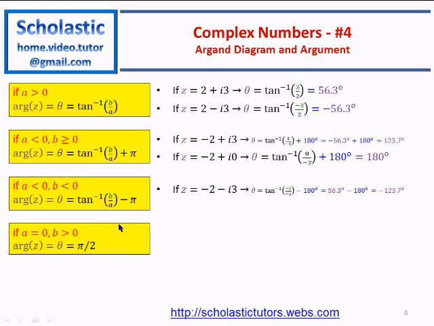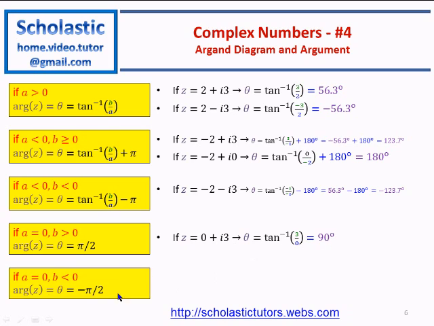Next condition, if a equal to 0, b is greater than 0, argument z is equal to theta equal to pi by 2. If a equal to 0 and b is greater than 0, answer should be pi by 2. For example, z equal to 0 plus i3, therefore tan inverse 3 over 0, basically tan inverse infinity is equal to 90 degrees.